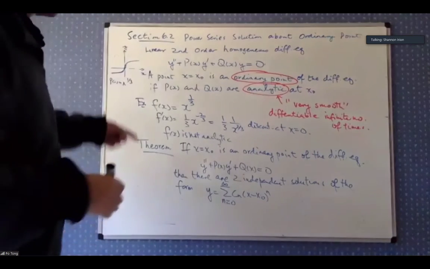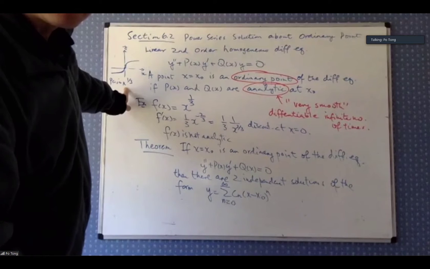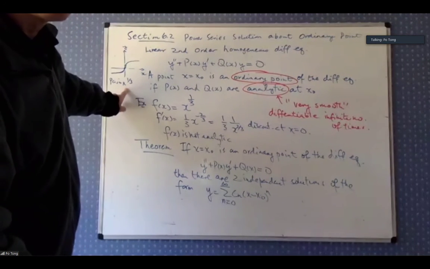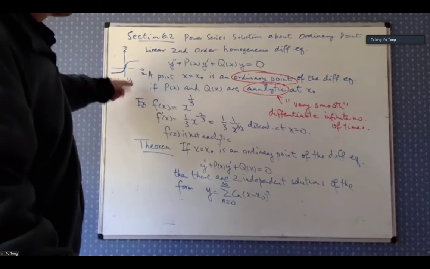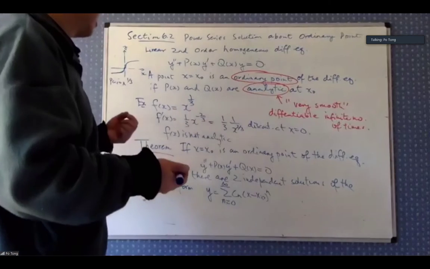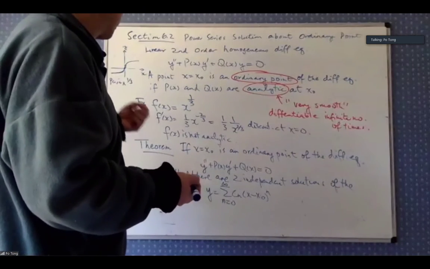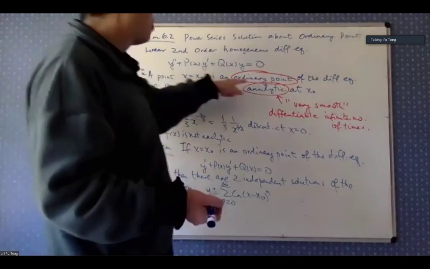For this function x to the power 1/3, the slope at x equal to 0 is infinity. So that is not considered very smooth, not considered very nice. In that case, x equal to 0 is not an ordinary point.